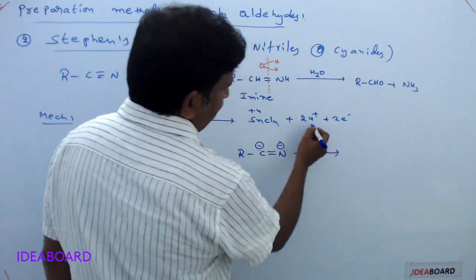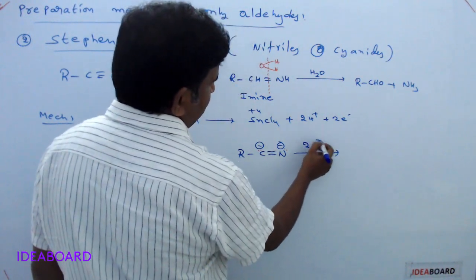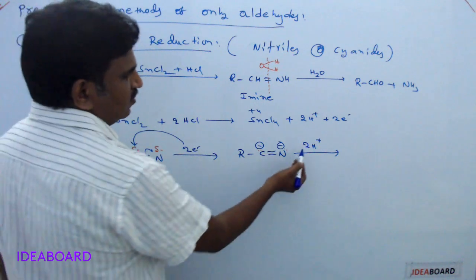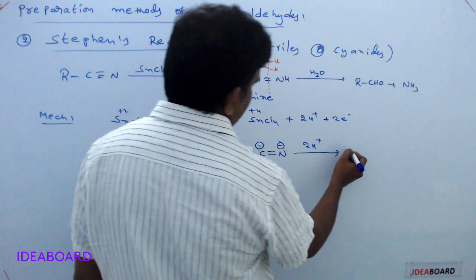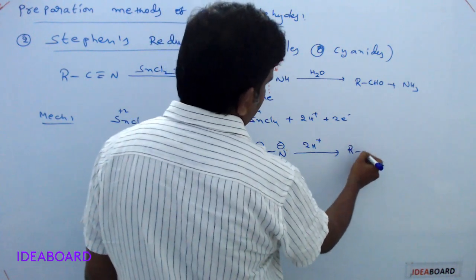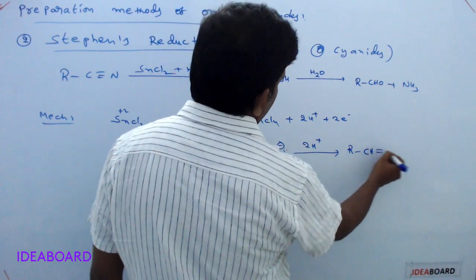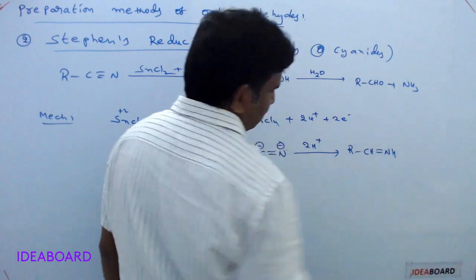After that, the 2H+ ions combine: one attacks the carbon and the other attacks the nitrogen, to give RCH=NH.